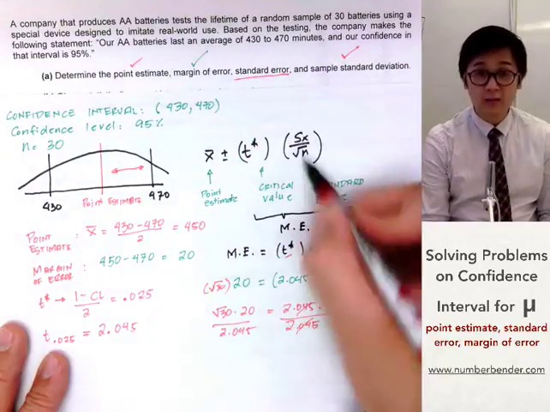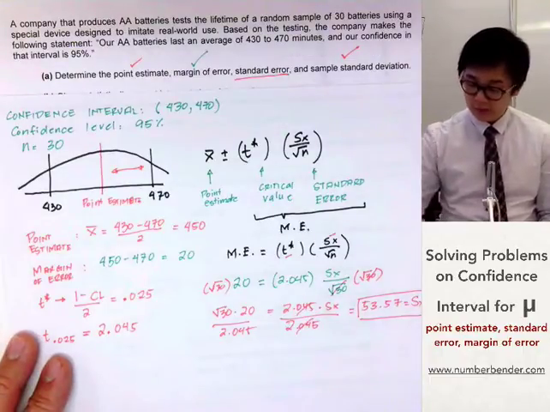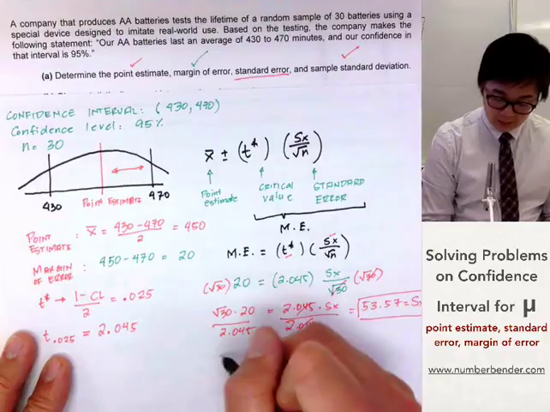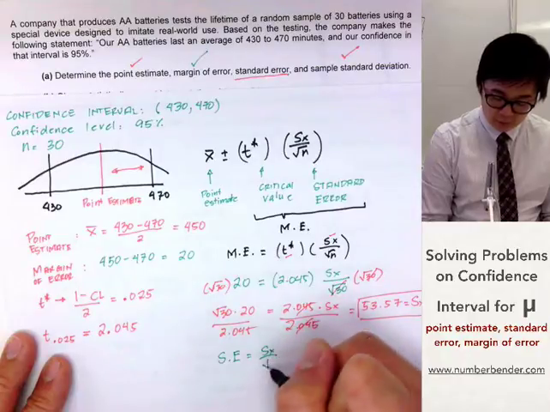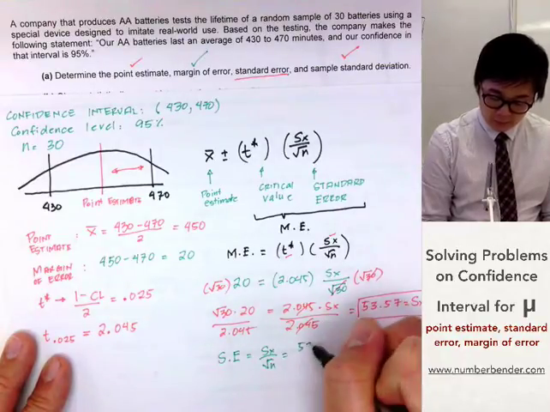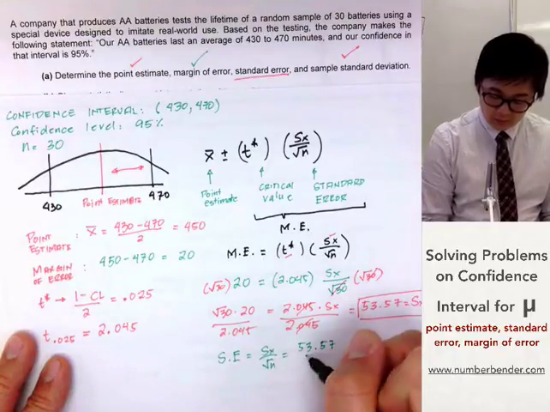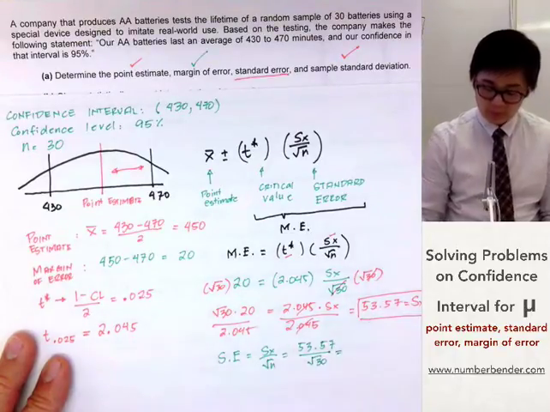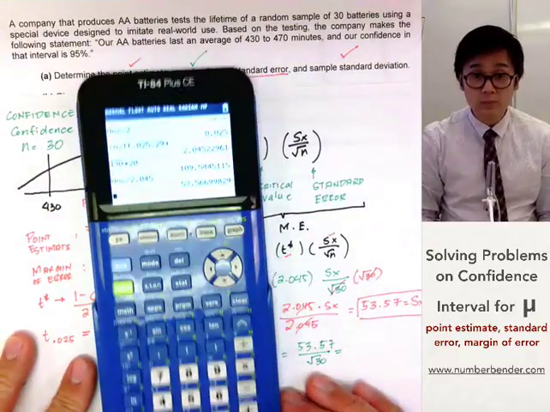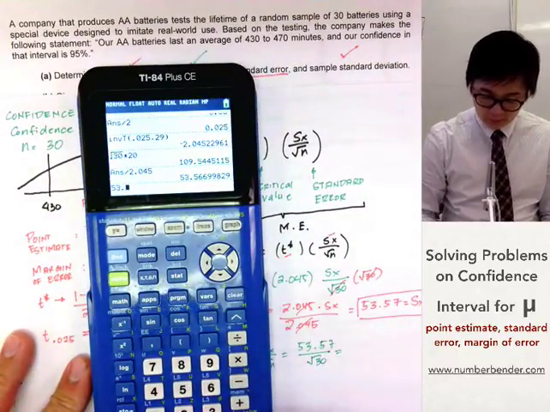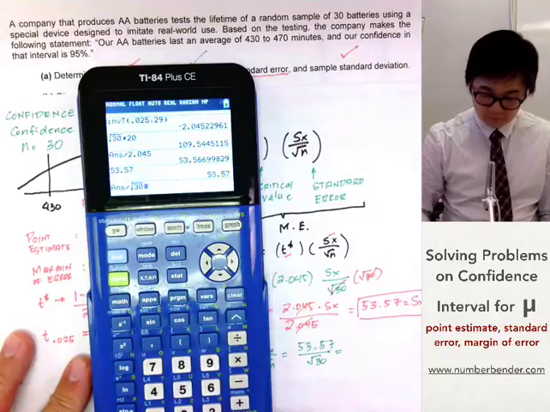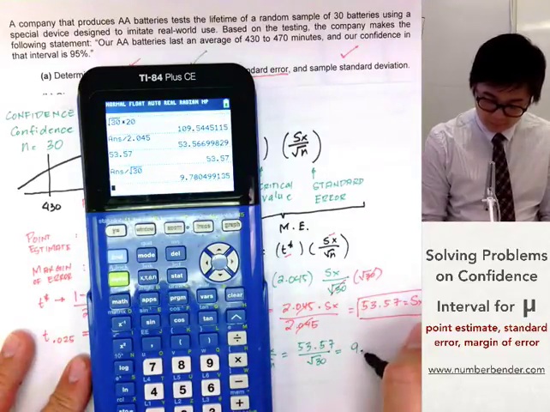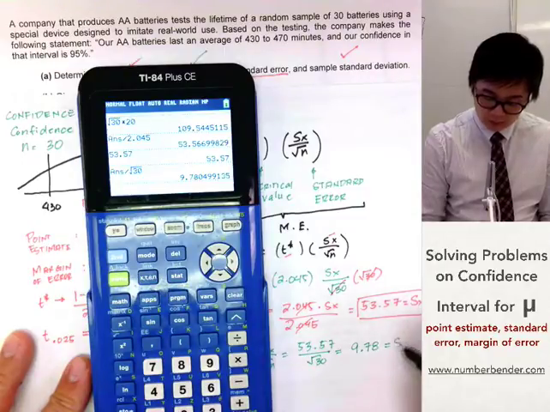And we know that the standard error is Sx all over square root of n. So by using our values, SE, or standard error, is Sx all over square root of n. So Sx is 53.57 divided by the square root of 30, and it will give us 9.78, which is our standard error.